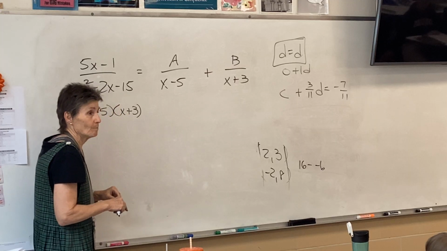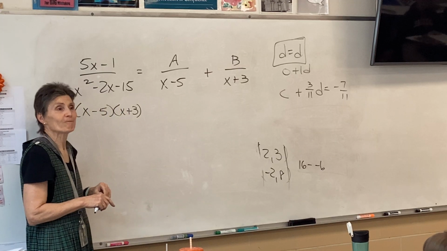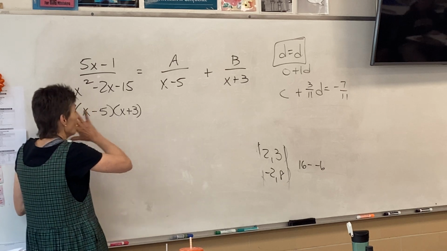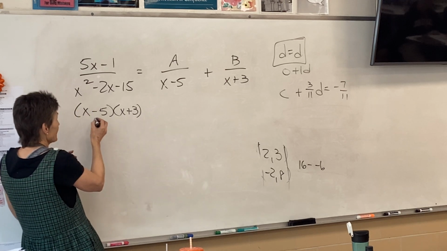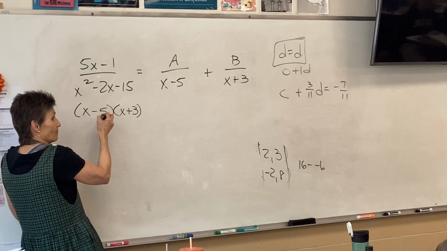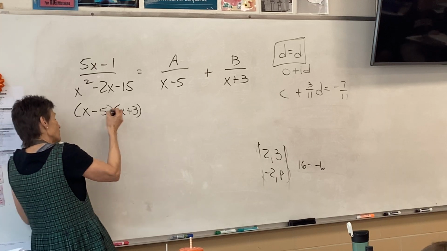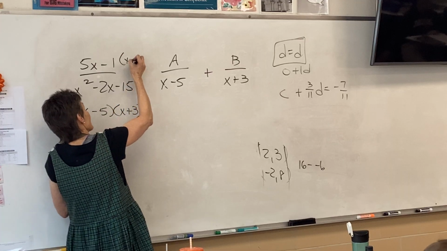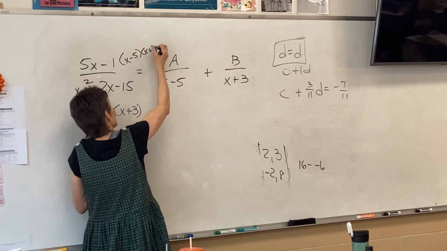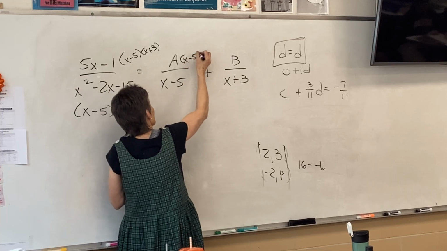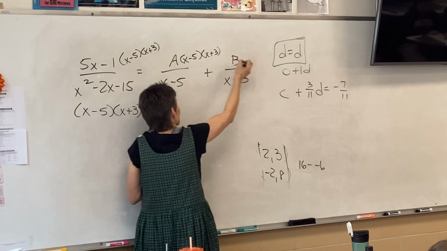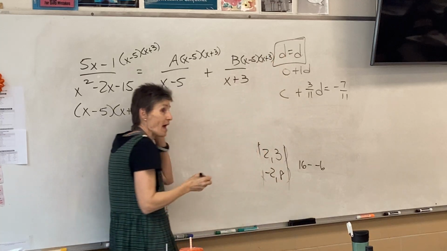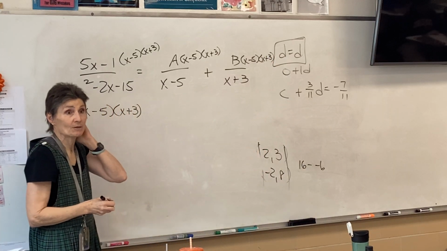Step 2, clear the fractions. So in other words, you're gonna multiply everything by this. If I multiply everything by x minus 5, x plus 3, that will get rid of all my denominators.